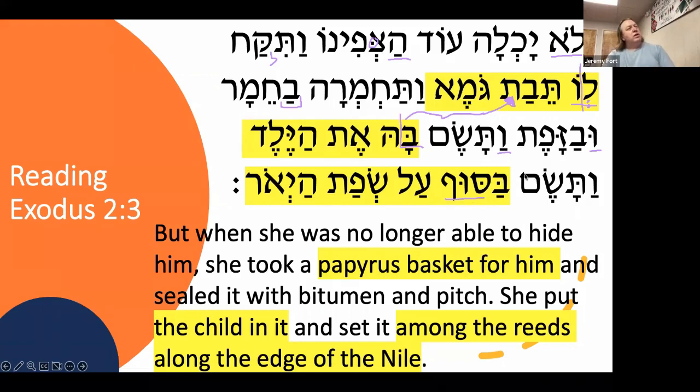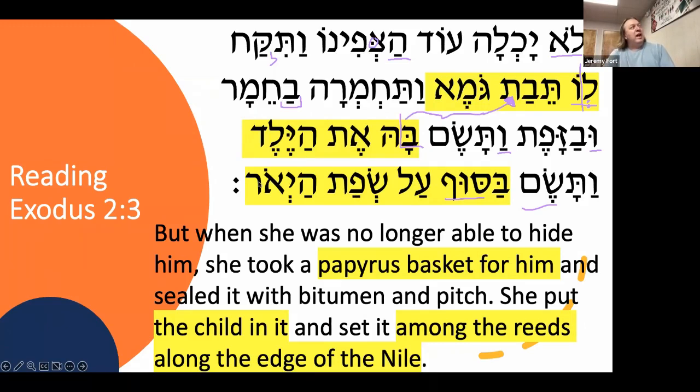So she's going to put him, sim, in the reeds on the lip of the Nile, which is how you would say on the edge. So when we talk about sands of the seashore, it's talking about the lip of the yam. It's the edge of the yam. It's a very visual language. So she's going to put him in the reeds on the lip of the Nile, yaor.